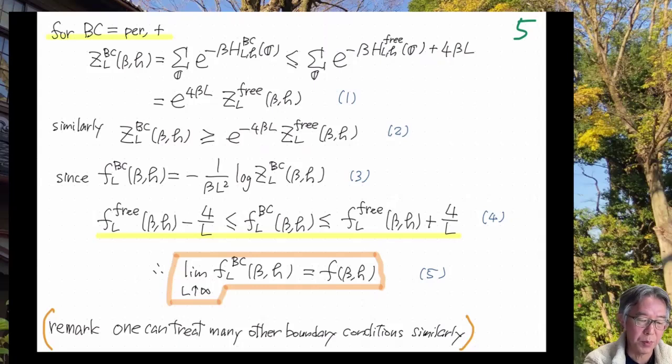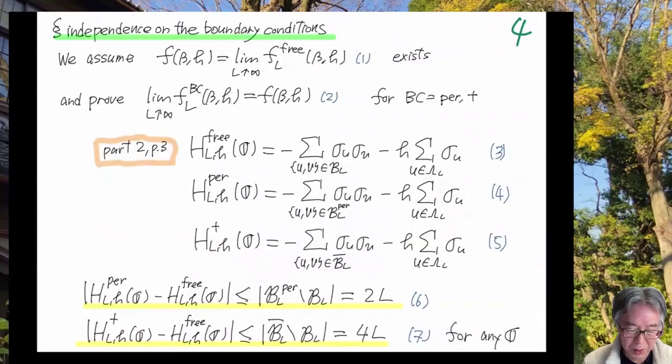And from this proof, it should be clear that you can do much more. I mean, we treated the periodic and the plus boundary conditions, but you can play with any boundary conditions. The only essence was this.